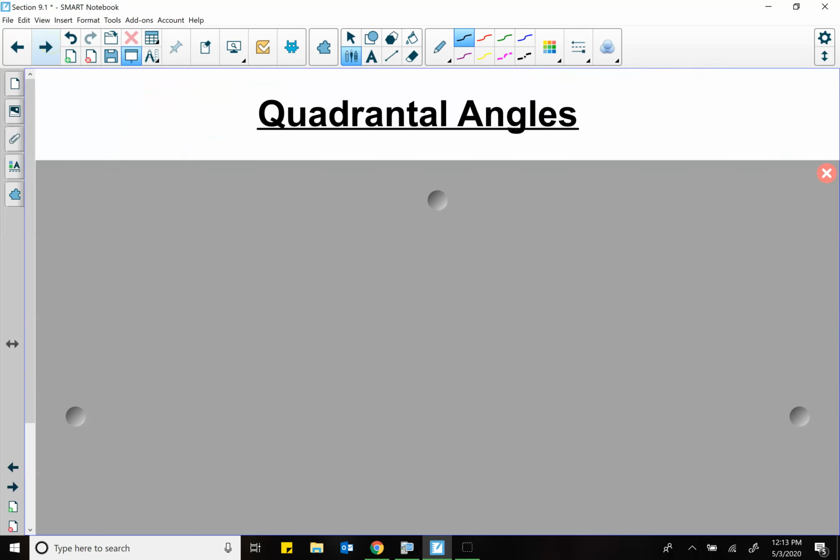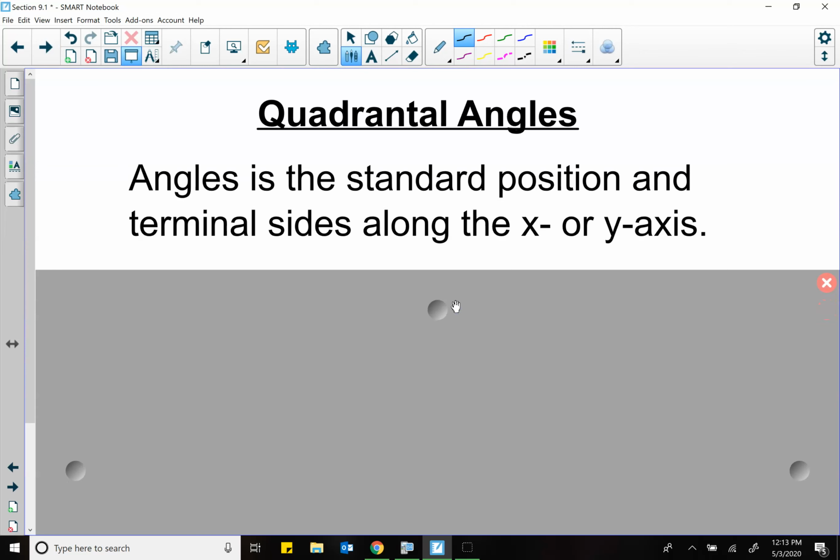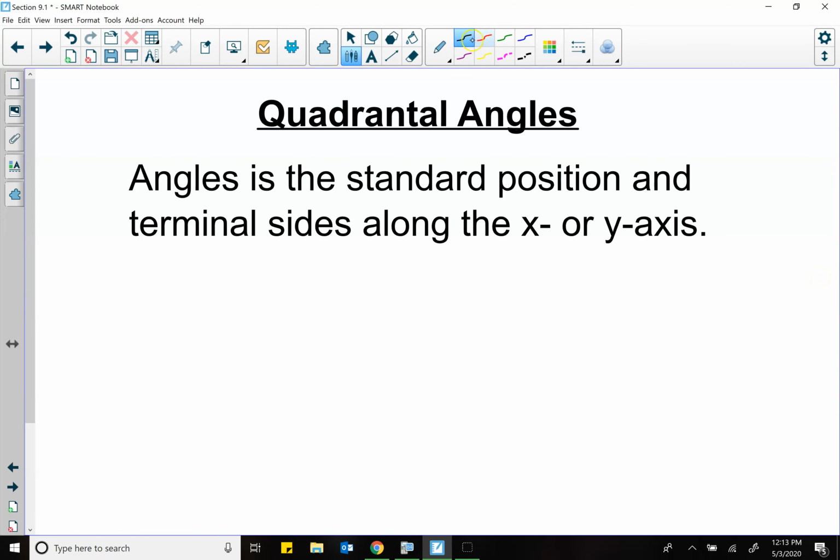All right. We're getting there. We're almost to the end. So quadrantal angles are pretty easy to know about. They are the angles in standard position, and the terminal side is along the x-axis or y-axis. So our quadrantal angles are whenever we have 0 degrees, 90 degrees, 180 degrees, 270 degrees, 360 degrees, or obviously any coterminal angles for those.